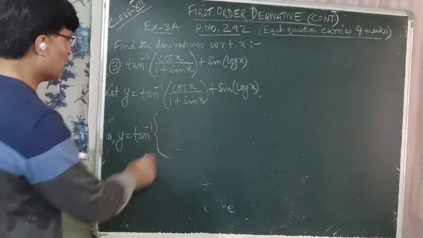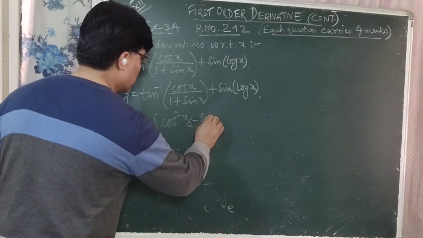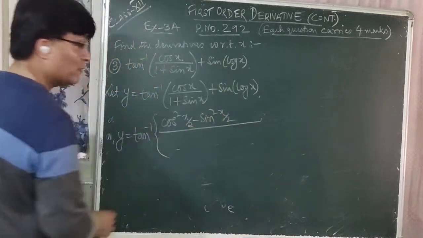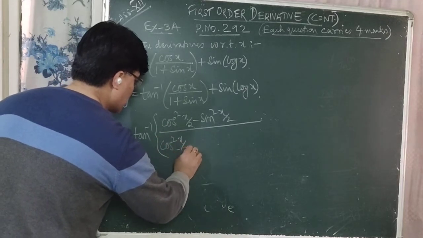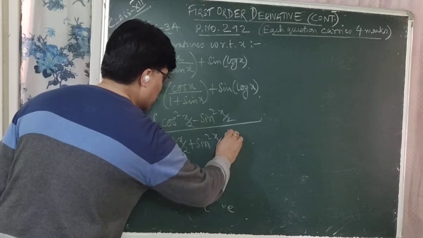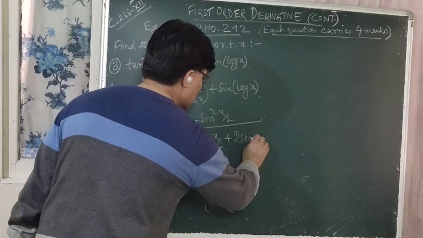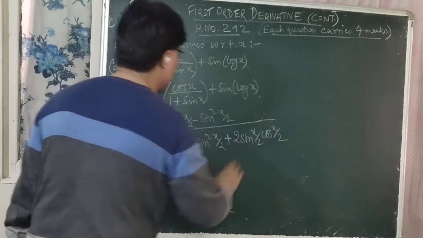It is cos square x by 2 minus sin square x by 2, whole divided by, instead of 1 you should write cos square x by 2 plus sin square x by 2, then plus, what is the sin x formula? It is 2 sin x by 2 cos x by 2.